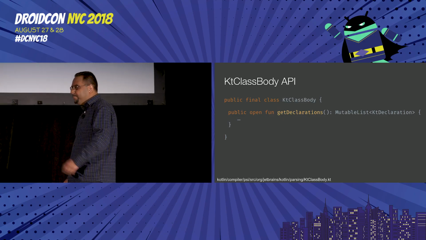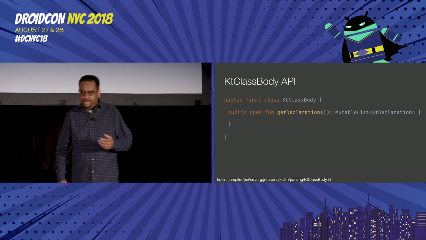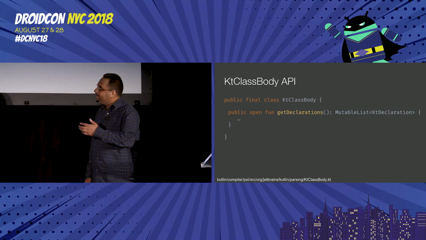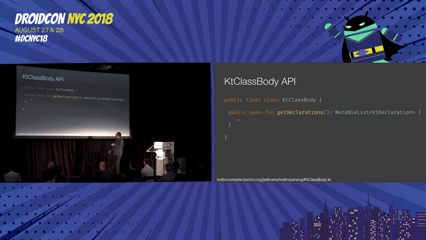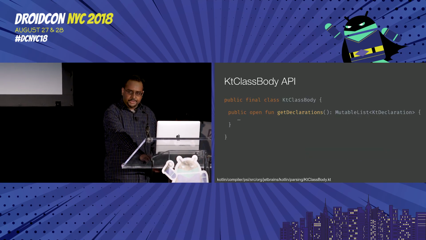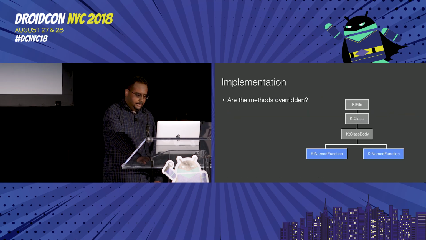All of these classes, they all begin with Kt. It might be annoying. I'm sorry. So this class, in its API, provides me with a method called getDeclarations. Each declaration is represented by KtDeclaration, right? It gives me a list of it. So using this method, I could get all the declarations, right?